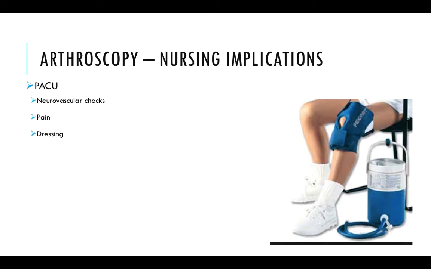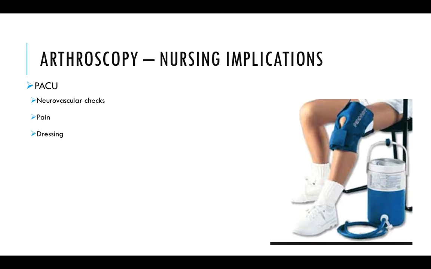Now, one of the things you need to think about is their scopes are done on an outpatient basis, and they're done in an outpatient center. They're not done in the hospital. They're done in usually freestanding procedures or a facility within the hospital. Patients will present about a week to 10 days before their procedure and get a pre-op done.